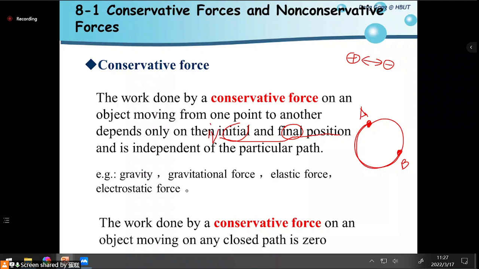That means the work is zero, because it's the same as if it does not move, since the work depends only on the position, not on the path. That's why the work done by a conservative force on an object moving along a closed path should be zero.